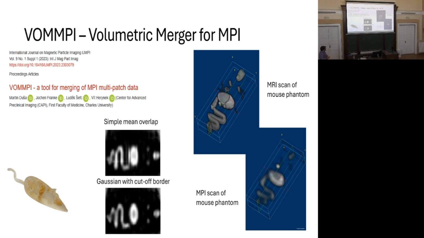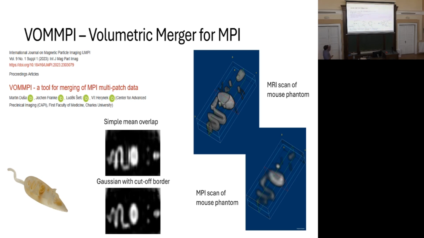Or you can use a Gaussian that is suppressed and also has zeros on the borders, but the images are kind of fuzzy and you really lose the information. There is the MRI of the same phantom, and there is the volume from the merger.